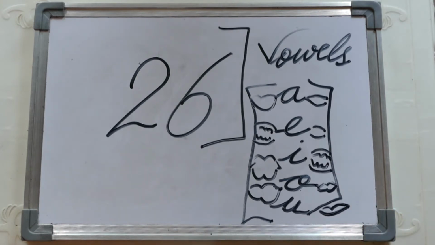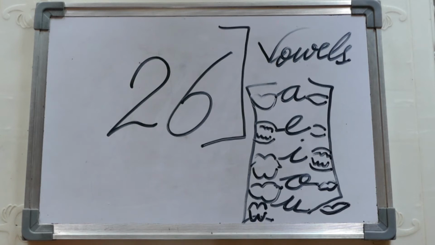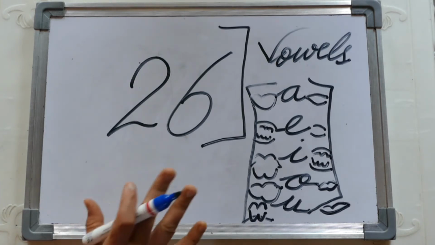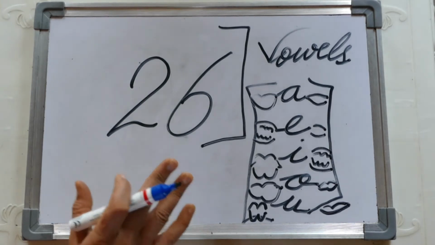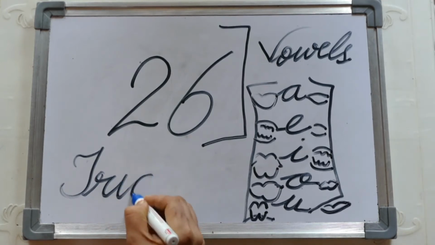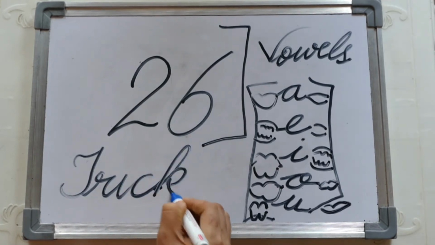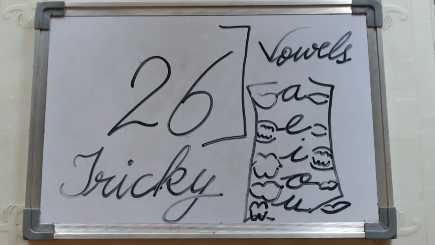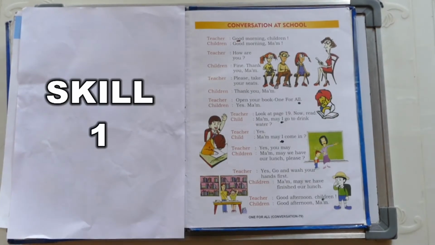A. And U. Here in U, you turn your lips like this and the sound will come out U. So that's why we are saying English is a tricky language. Okay. So now children, skill 1 to improve the reading.